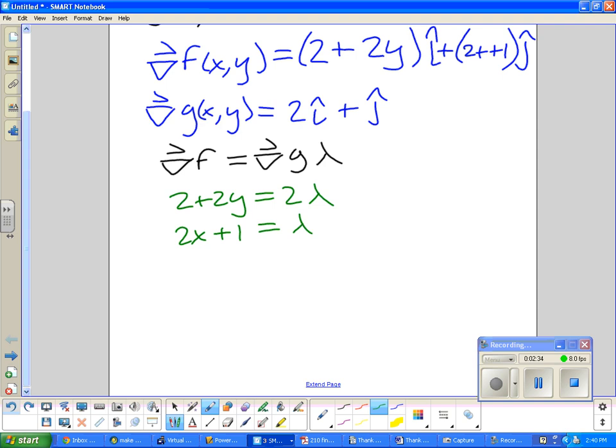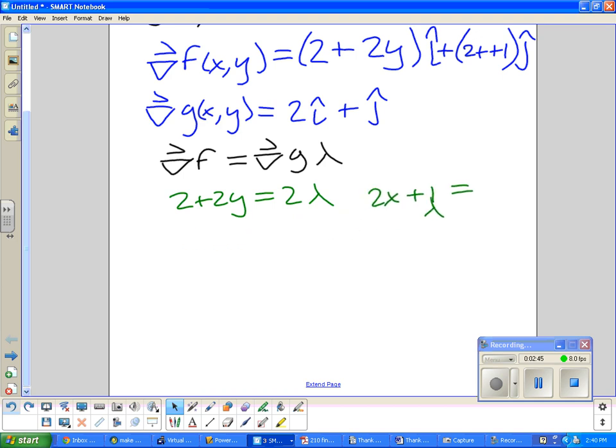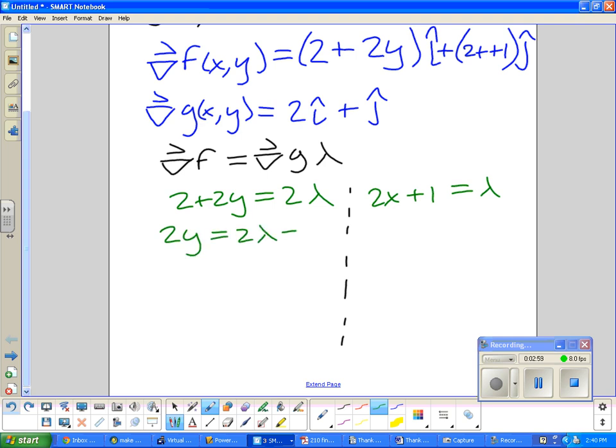Now I'm going to solve these for values of x and y. Let's see if we can bring 1 over, bring the lambda with it. We'll subtract 2 over. We get 2y equals 2 lambda minus 2, so y equals lambda minus 1.